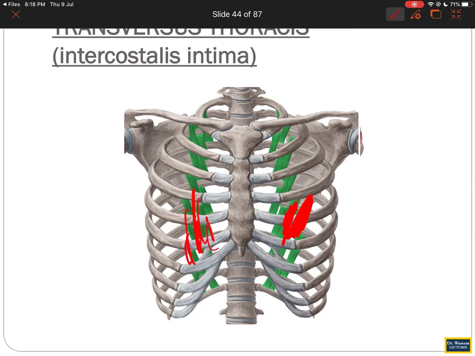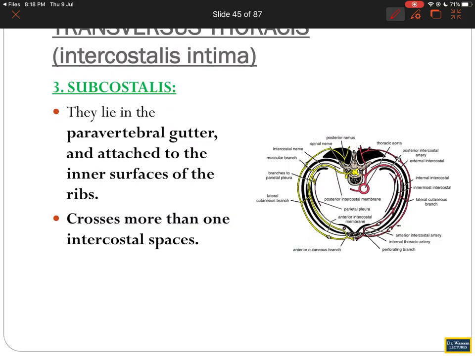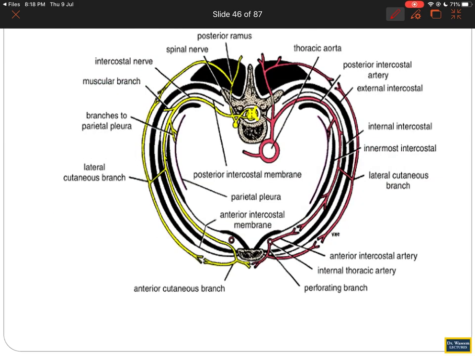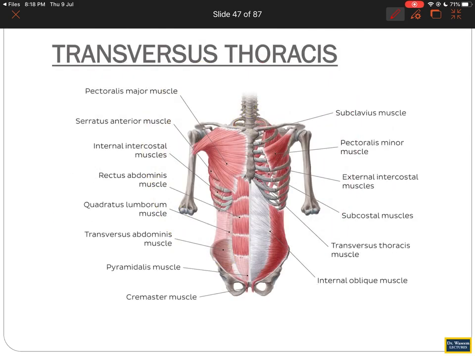And the last one that is lying here in the paravertebral gutters, attached to the inner aspects of the rib, in this region after the angle, up to the tubercles, again crosses more than 1 space. If you are looking from inside, from the thoracic cavity, it will be like patches. You see the transverse thoracic muscle in form of small pieces here.